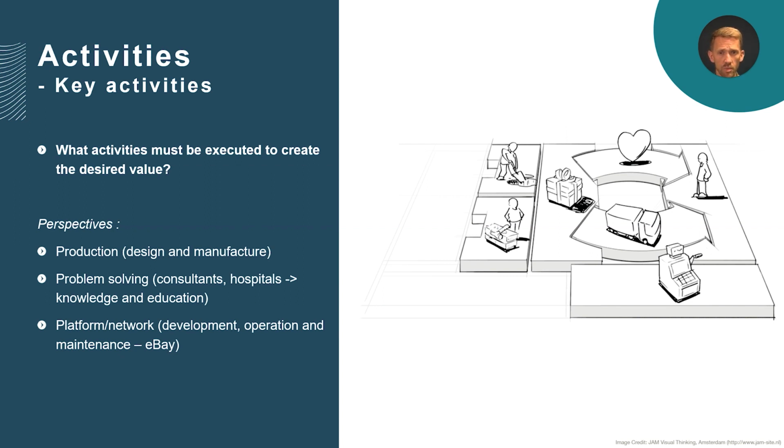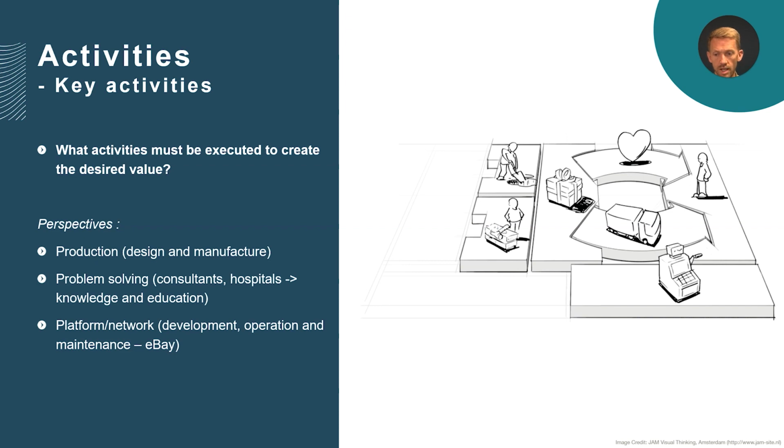We also know it from hospitals. At a hospital, the key activities would be knowledge, knowledge sharing and education, because they need to keep up to speed with all of the new things, all of the new diseases, all of the new equipment, all of the new drugs, and so on.